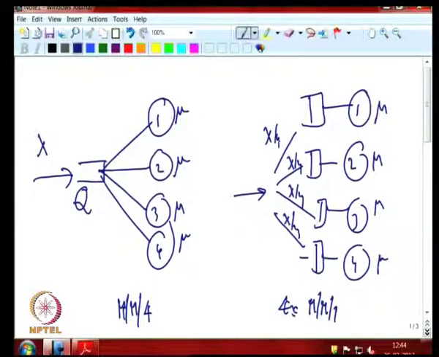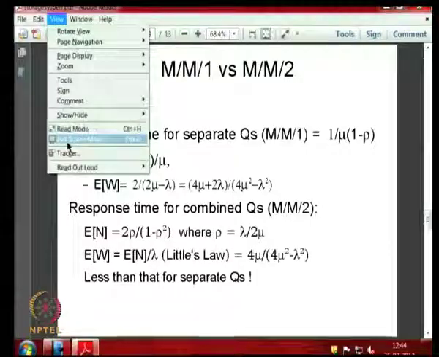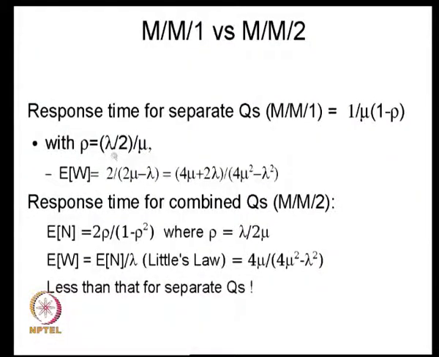So you will see that rho will be the same as the new lambda by 2, which is half of the other configuration, divided by mu, because the service rate is still the same, the CPUs are there. So E of W is basically the same as this, 1 by mu minus rho.